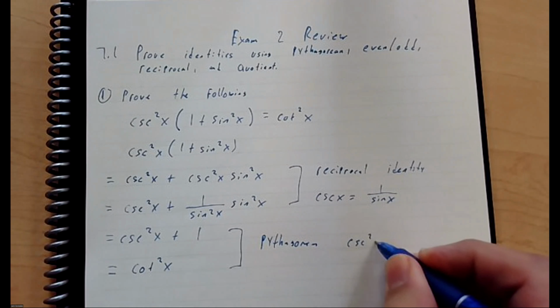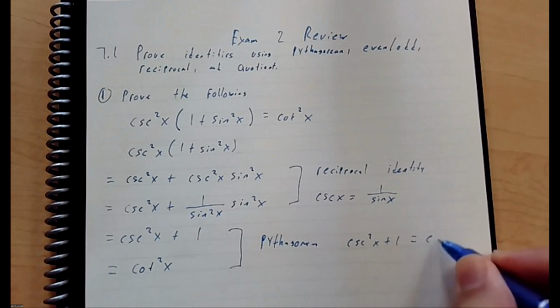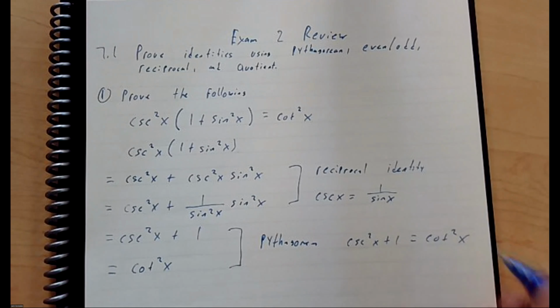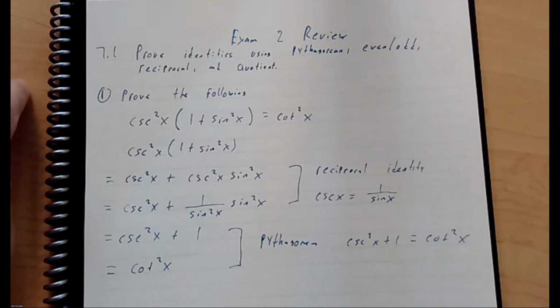Cosecant squared x plus 1 is equal to cotangent squared. Yeah. So it doesn't matter if it's cosecant squared x minus 1 or plus 1, either way it's cotangent. Is it minus 1 in the formulas? Yeah, the formula is minus. Let me see. It has to be the same.